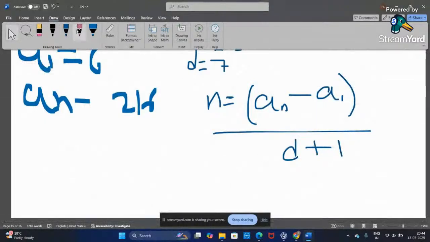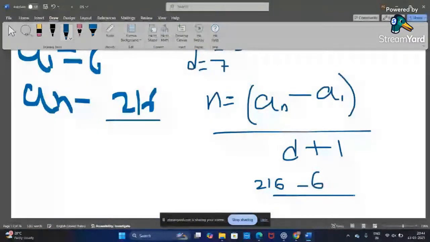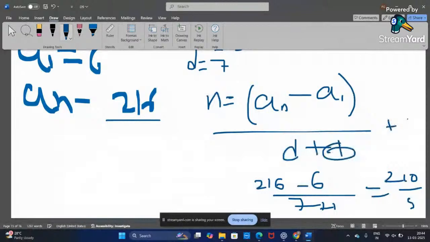So here the AN is 216, right? AN is 216, A1 is 6, D is 7, plus 1. So it is 210 by 7. Sorry, the plus 1 is not here, it is here.